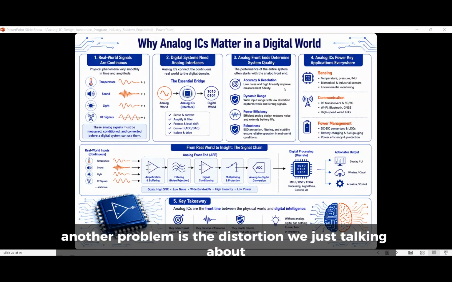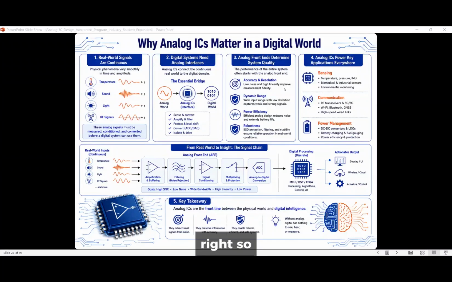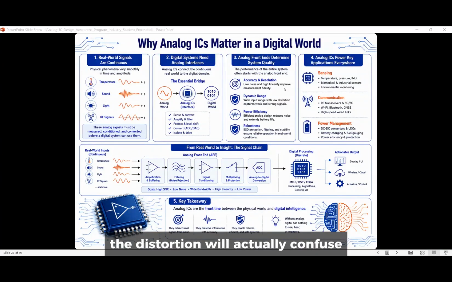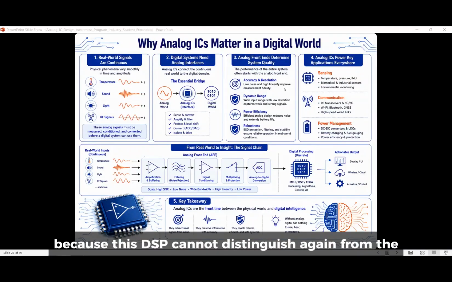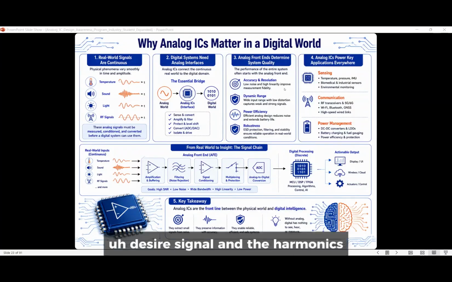Another problem is the distortion we were just talking about, right? The distortion will actually confuse the following digital signal processor, because this DSP cannot distinguish between the desired signal and the harmonics.